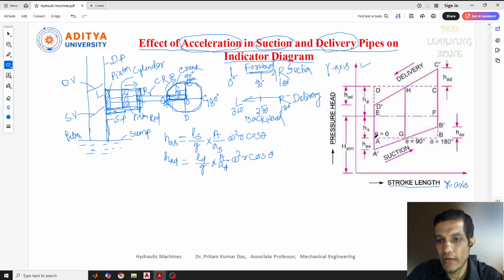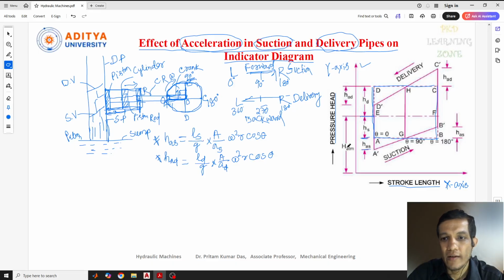In the ideal indicator diagram we drew A to B, B to C, C to D, and D to A. When there is acceleration in the suction pipe and in the delivery pipe, we need to consider the effect of this acceleration for both cases. For example, when the water starts being sucked in here, along with the suction head, there will also be acceleration.